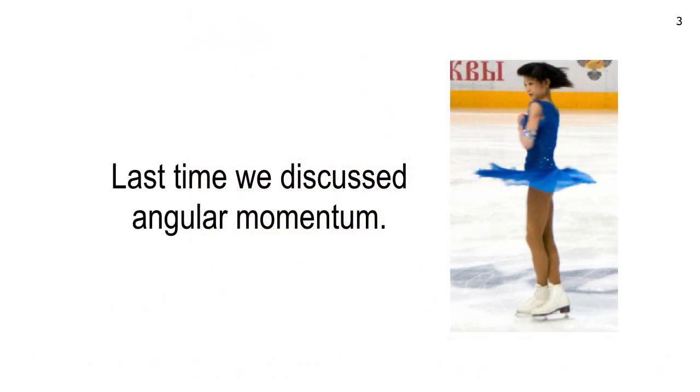Now, last time we discussed angular momentum. And I like this photograph because it shows that this ice skater is spinning. I mean, it's a photograph, so you can't really see the motion, but this ice skater's skirt is going straight out. That only happens when she's spinning. Her hair is kind of flying out as well.